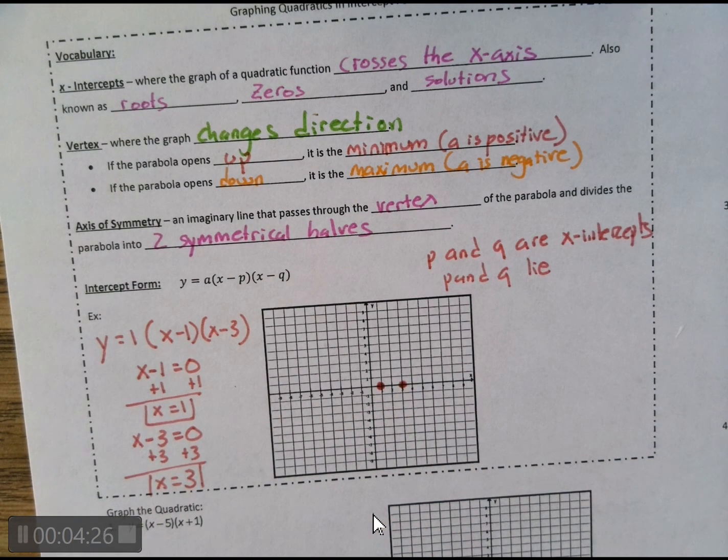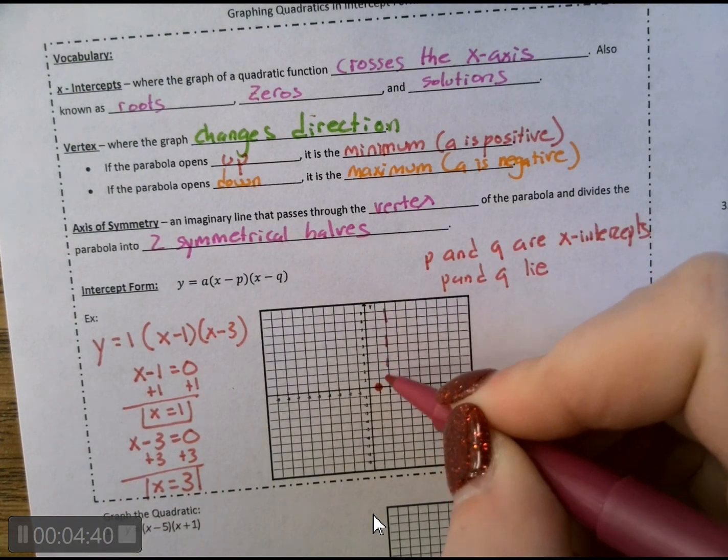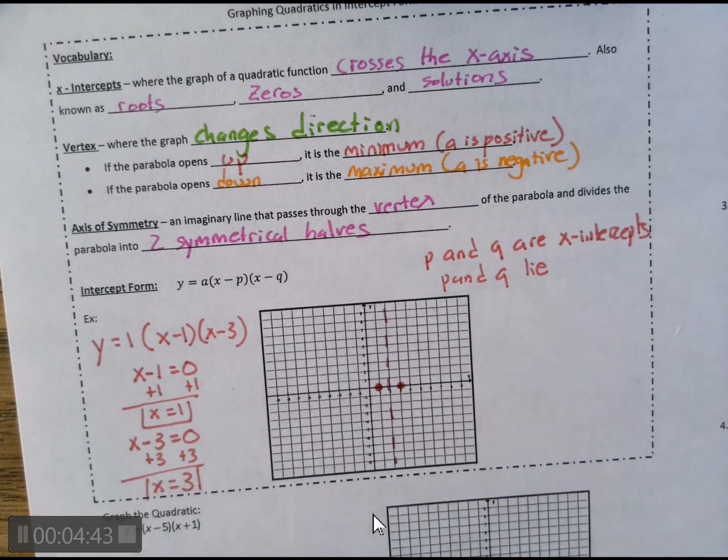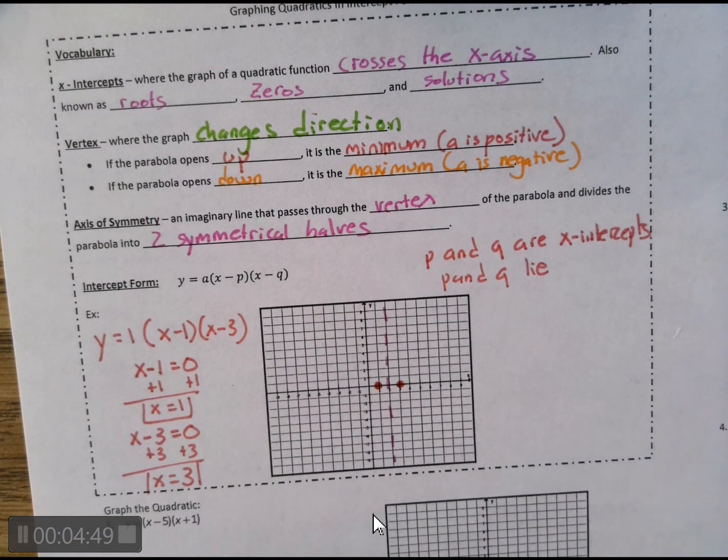Okay? And then our axis of symmetry is going to be in between those 2 points. And then I'm just going to make up a vertex because we will get to that in a moment. Actually, let's go ahead and do it. Okay. So our axis of symmetry.